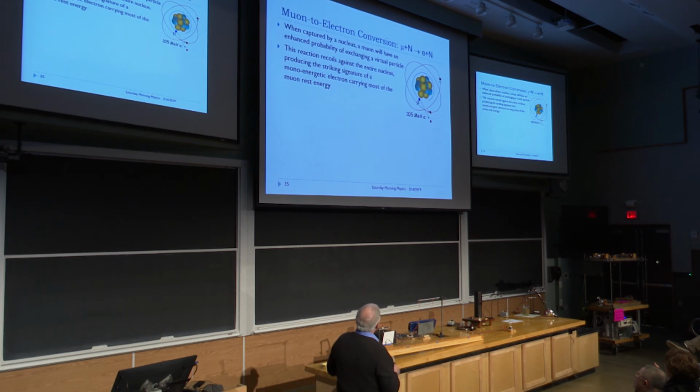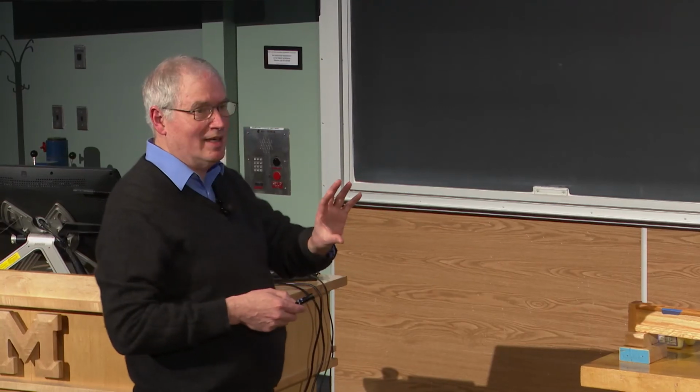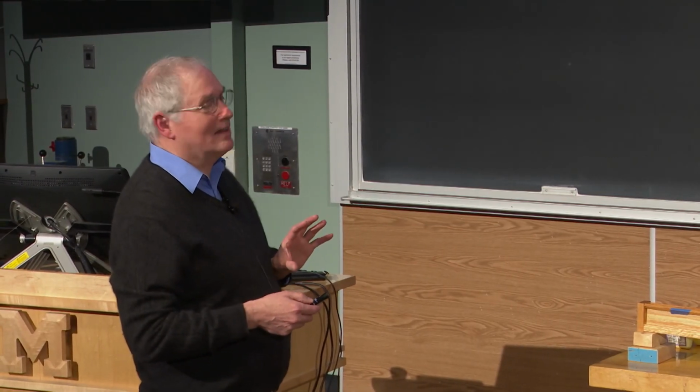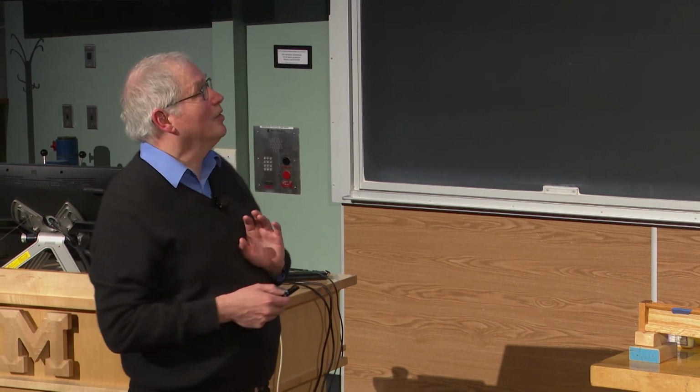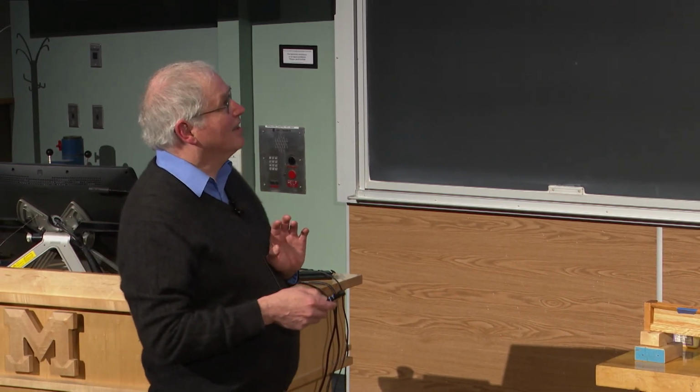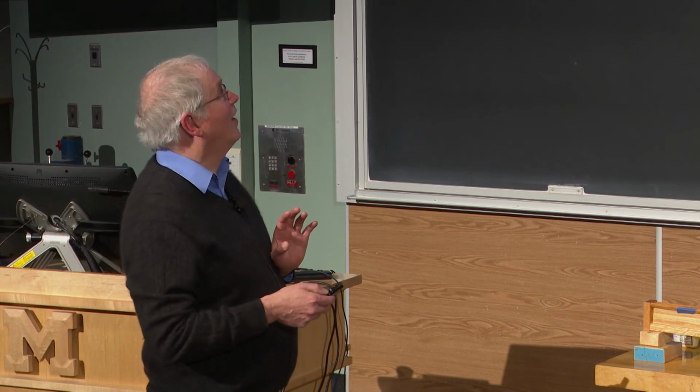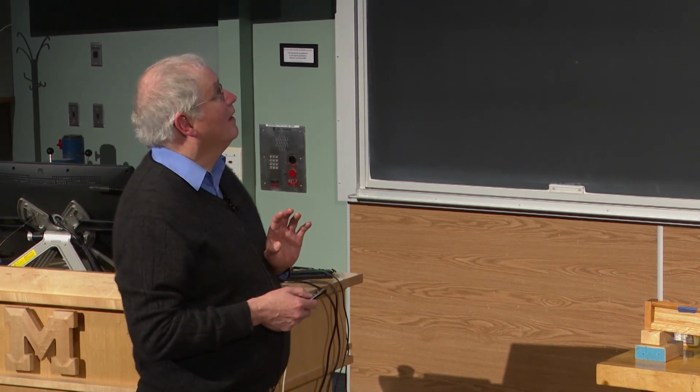And the reaction is against the nucleus as a whole, and that absorbs the momentum from the muon decaying, and the electron comes out with the entire energy of the muon. So we see this electron coming out with 105 MeV.